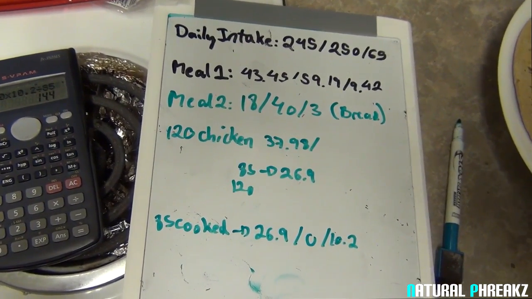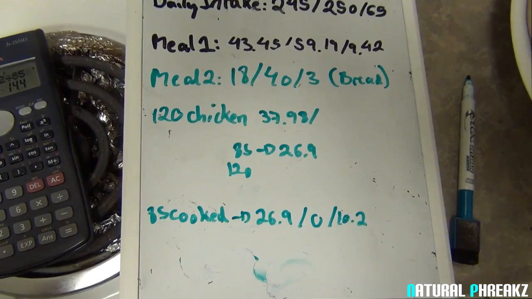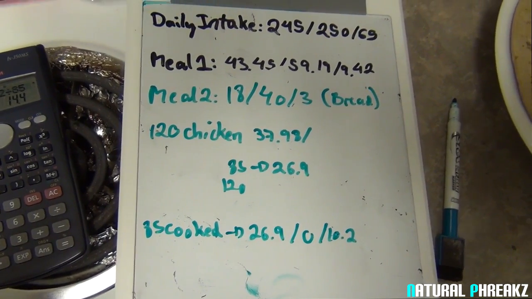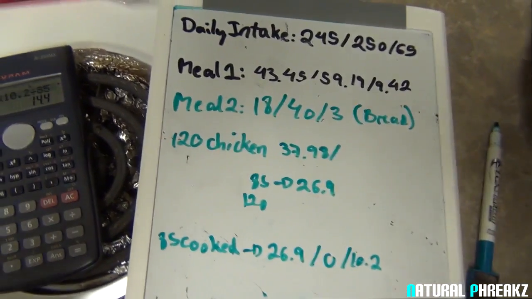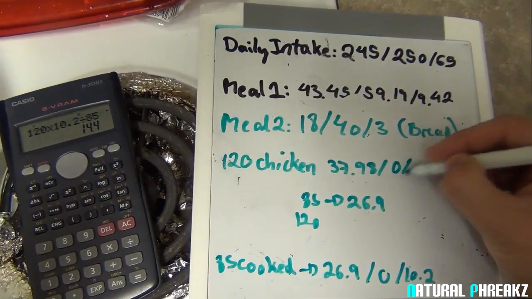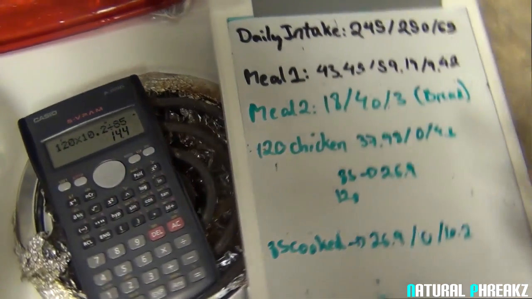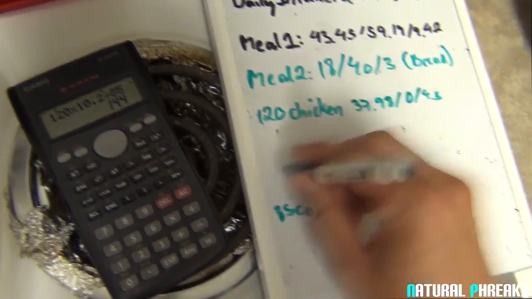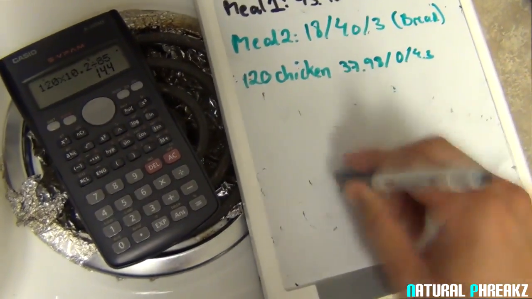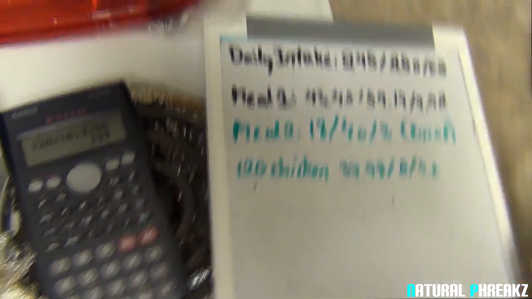Okay, I think I messed up. I'm gonna just use what I have in my calculator. So for fat it's 4.3.